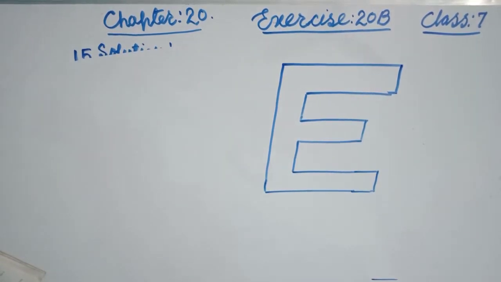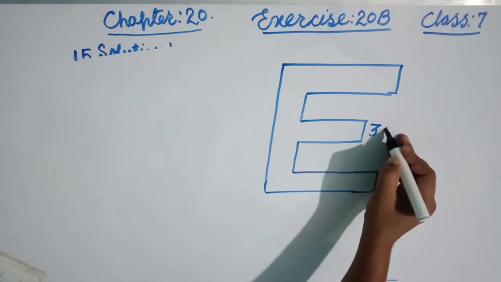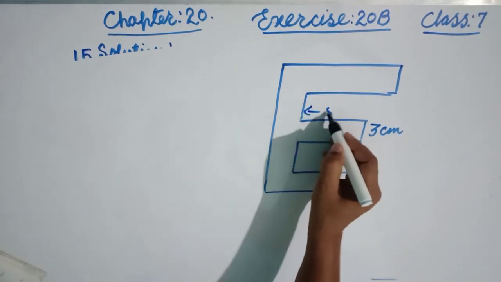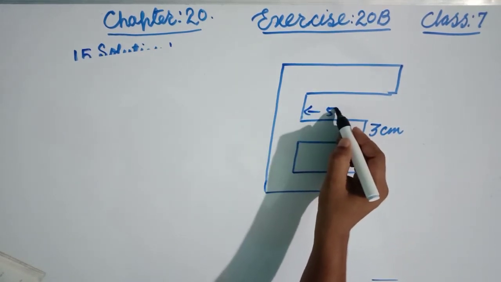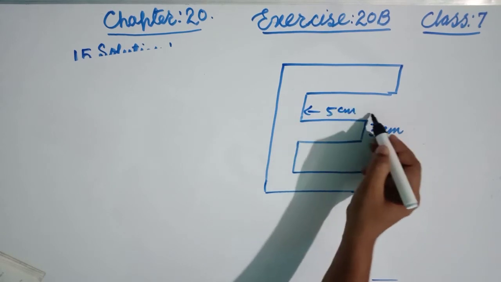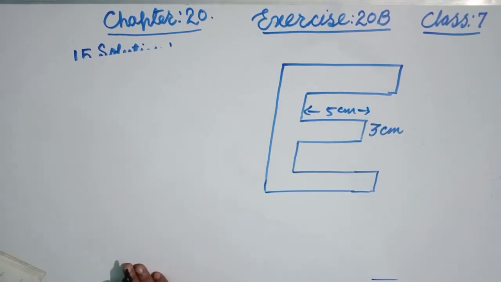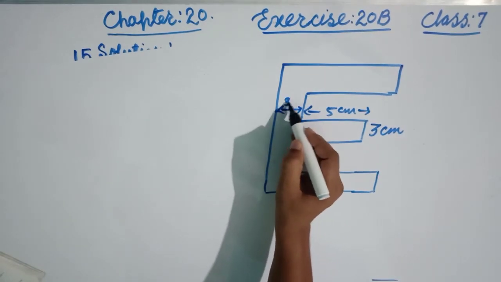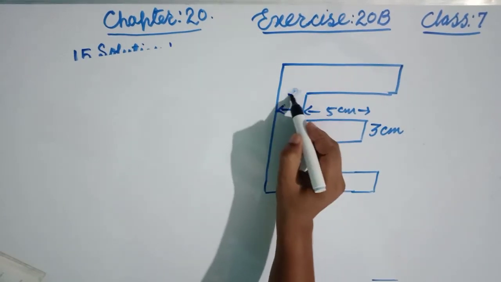Now the given thing, this is 3 centimeter here, this is 5 centimeter here friends. Now this is 3 centimeter here, this is 3 centimeter.